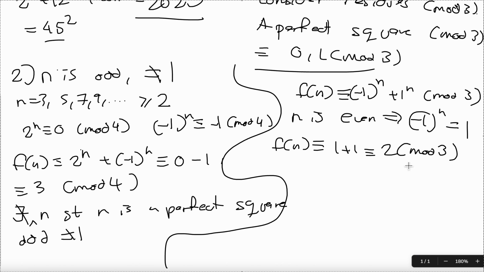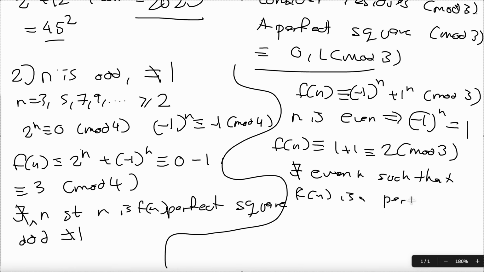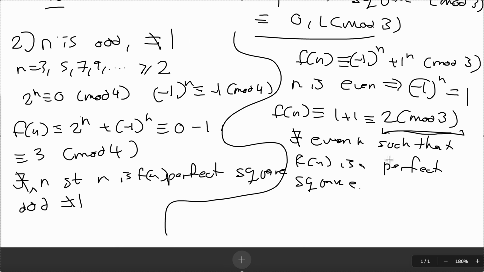And so that's not equal to 0 or 1, so there does not exist even n such that f of n is a perfect square, because we get a contradiction when we look at mod 3.